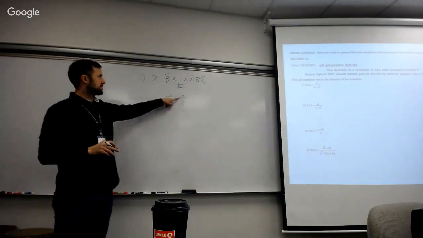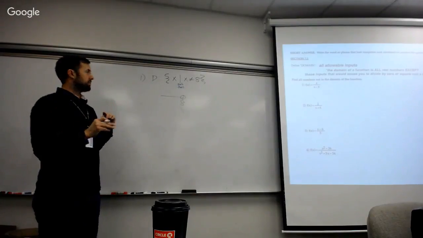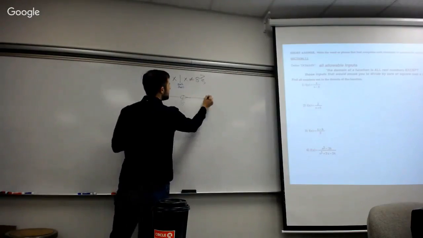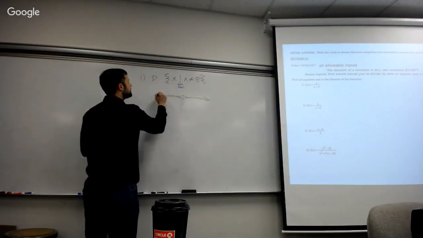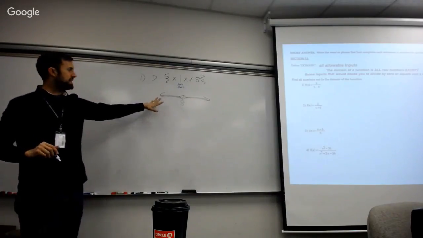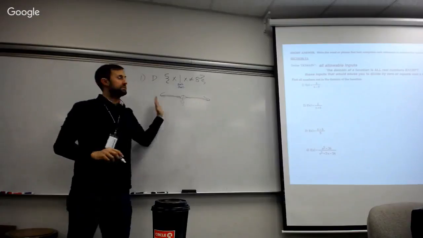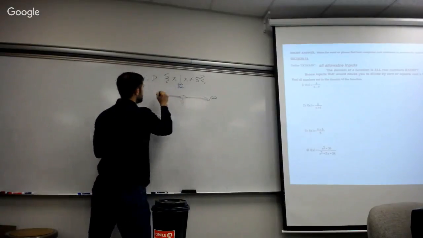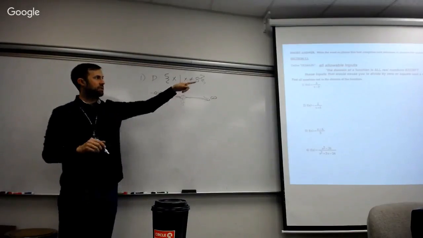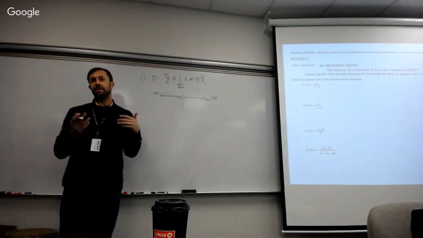You put an open circle on 8 because you're not including 8, but then everything to the right and everything to the left is allowed. Any shaded number you see, all the way to infinity and negative infinity, except for 8, you can plug into that function and it will equal something.